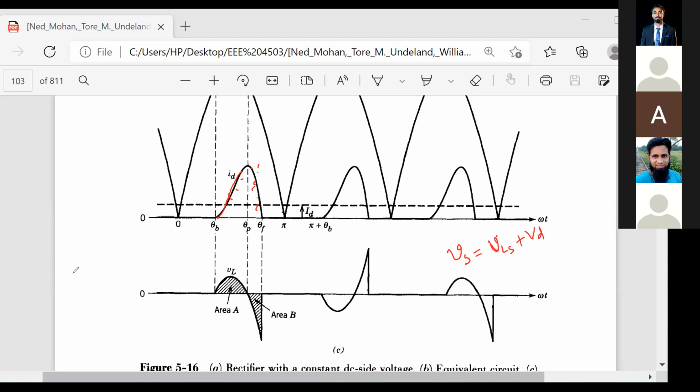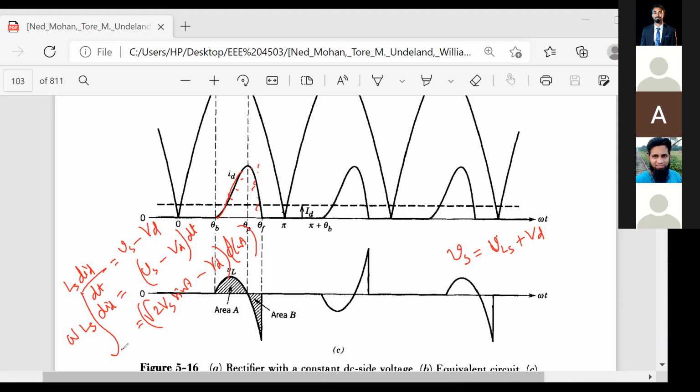Then from there, LS dID by dt will be Vs minus Vd. Then LS dID will be Vs minus Vd dt. Then if you multiply both sides by omega, this is root 2 Vs sine of omega t minus Vd, d of omega t.